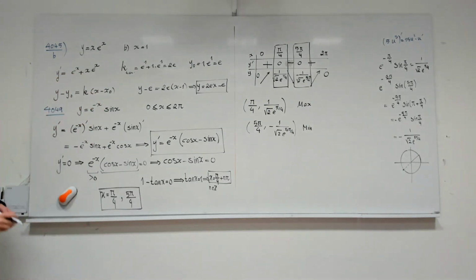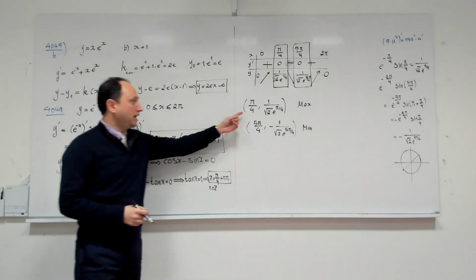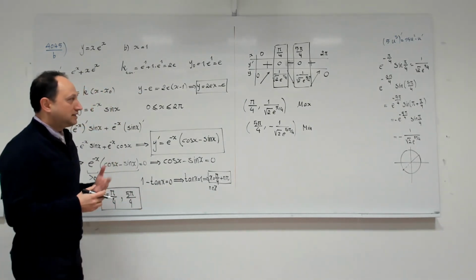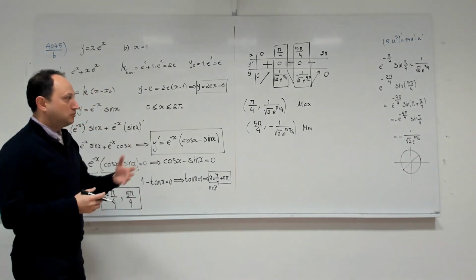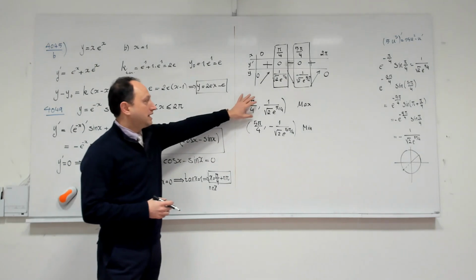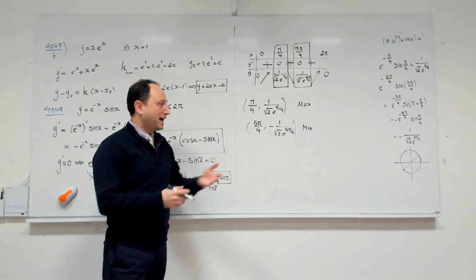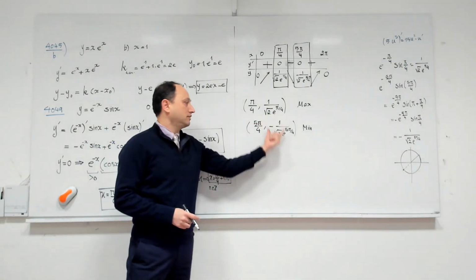So then you need to be careful. If they ask you for the point, you have to write both x and y coordinates. If they ask you where this happens, or where these max and min are attained, you just express the x values. And if they ask you what is the local maximum or the local minimum, then you need to give the y value.